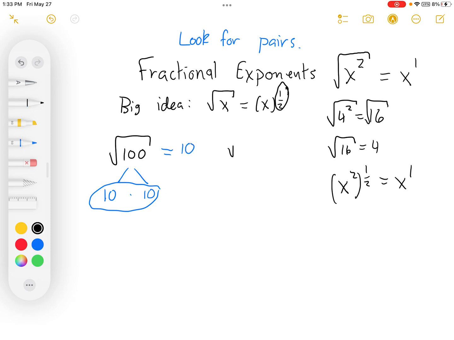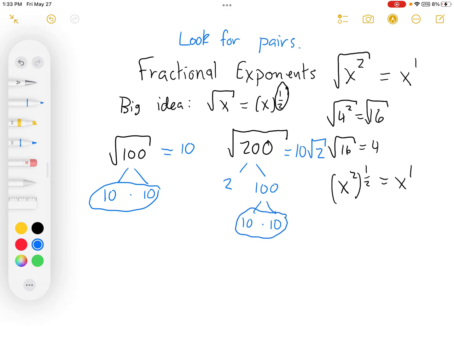Contrast that to something like the square root of 200. We could break this down into factors again, looking for, say, 2 times 100, which we could break down to 10 times 10. And we could reduce this to 10 radical 2. The pair of numbers goes outside the radical, leaving the number without a pair inside the radical.